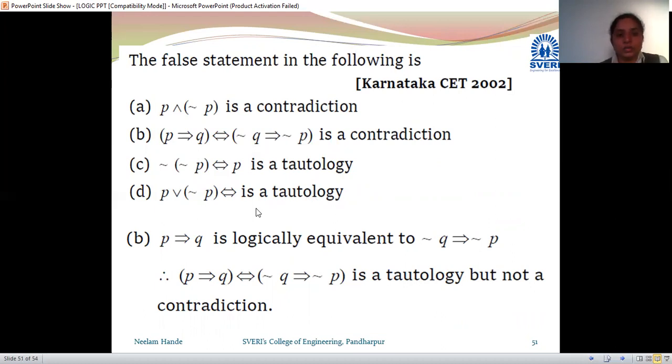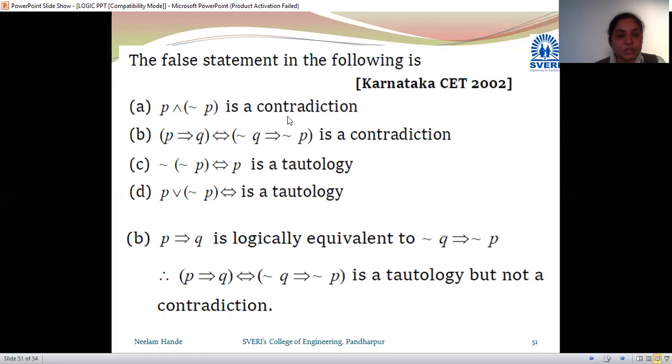For this, what you have to do is draw the truth table of each of these. Write P, write negation P, and find out P and negation P, and see whether it is all false. If these are all false, yes, the statement is correct, then it will be the contradiction. So the first statement will be correct.